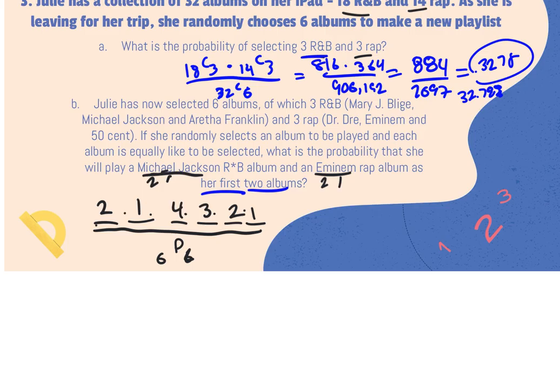So when I do that I get 48 out of 720, which simplifies to 1/15, or 0.06, or 6%. So the probability of picking Michael Jackson or Eminem first and then the other one second is going to be about 6%.